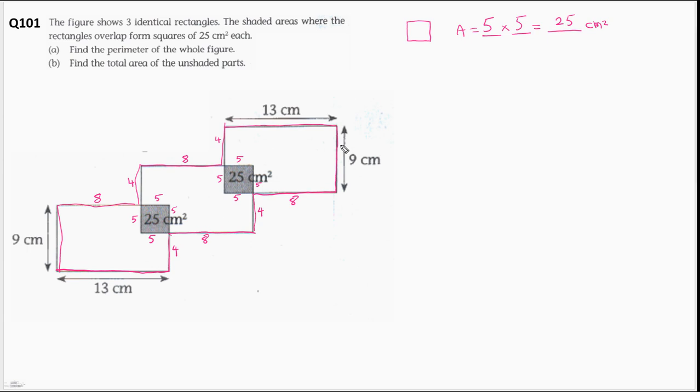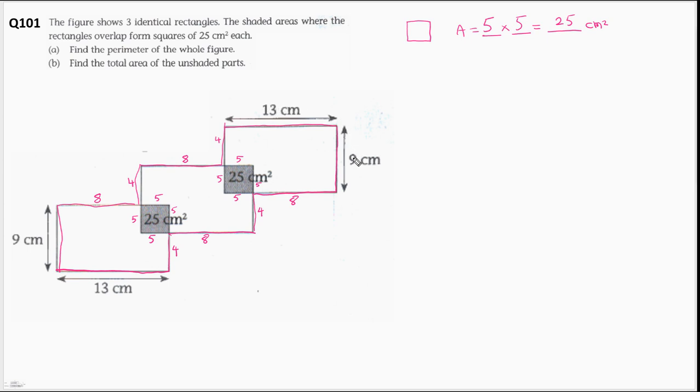And I think we have got a value for each line of our perimeter, haven't we? Okay, so what we're going to have to do is just simply add them all together. And what we would do is just go around, pick somewhere to start and just go around and add them all up.